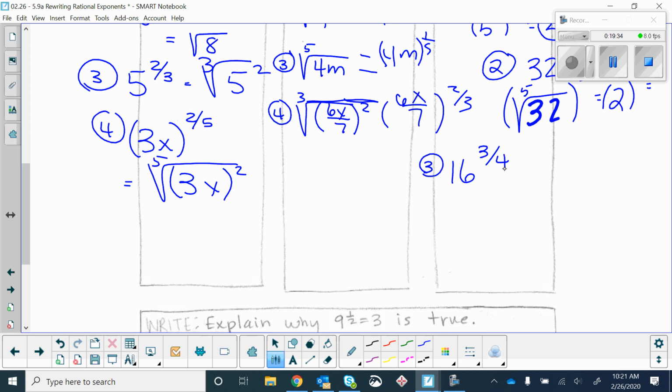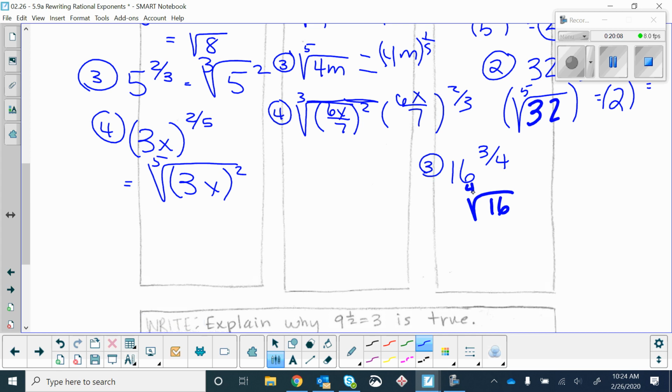16 to the 3/4. I said write it with the root and the power on the outside. You could even just do the root first and think about the power later. The 4th root of 16 means 2, because it's not 16 divided by 4, right?